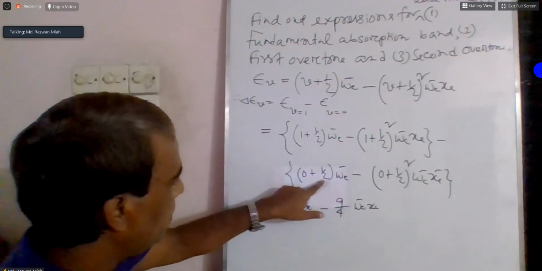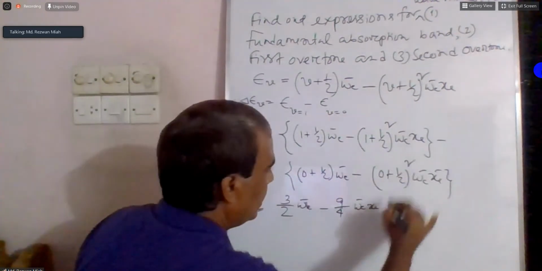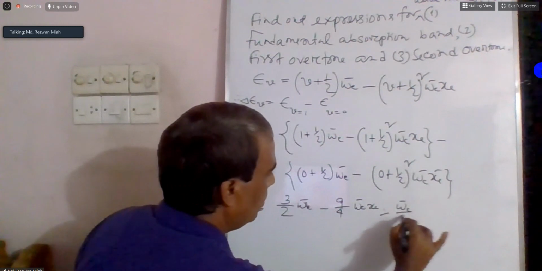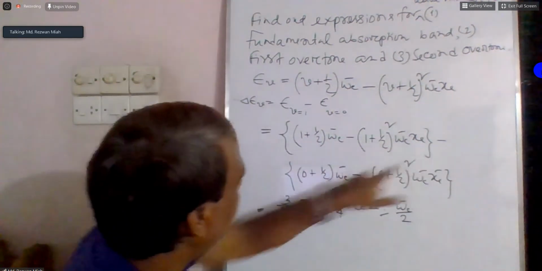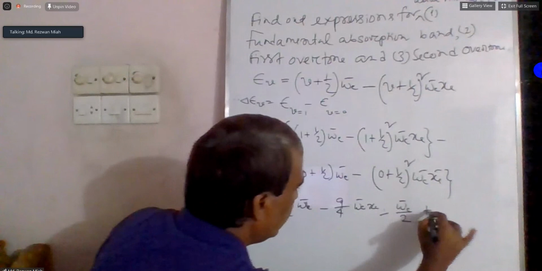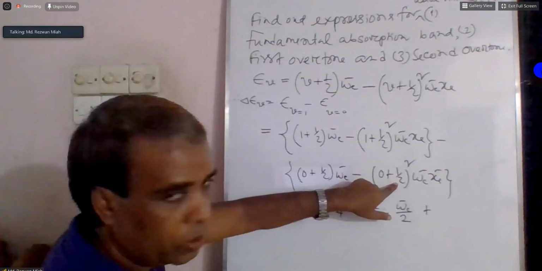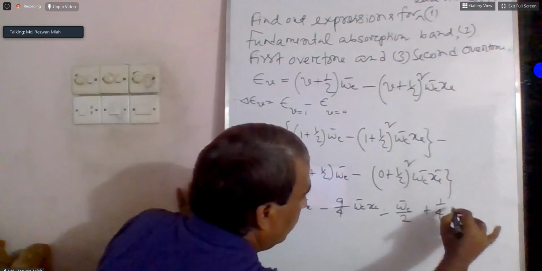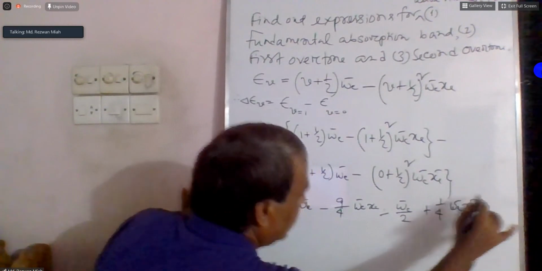Here 0 plus half equal to half, so we have minus half omega e bar, and this minus also becomes plus: half whole square of half, that is 1 by 4, 1 by 4 omega e x.